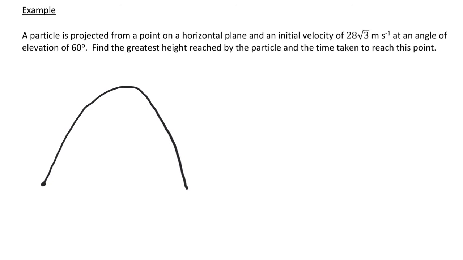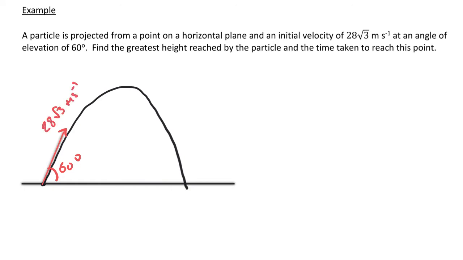We could mark in our horizontal, and also the angle of 60 degrees that it's been projected with. And we know that the velocity at projection was 28√3 meters per second.